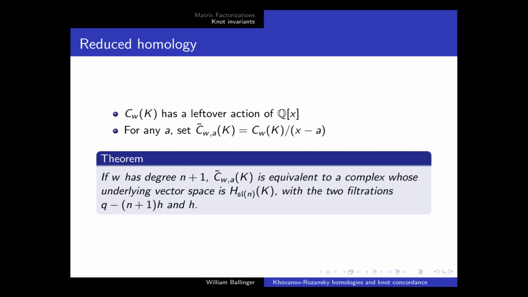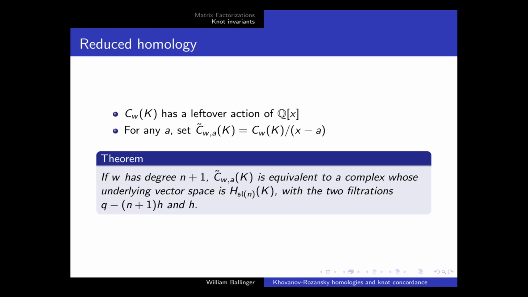And you can also change your variables by adding a constant in order to make this value A whatever you want. You can change A if you also change the potential in a way to compensate for that. So in the end, you could assume that A equals 0 and that W has only quadratic and higher terms, and then you would get essentially all the same information.